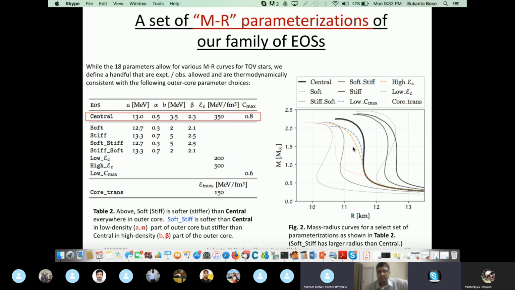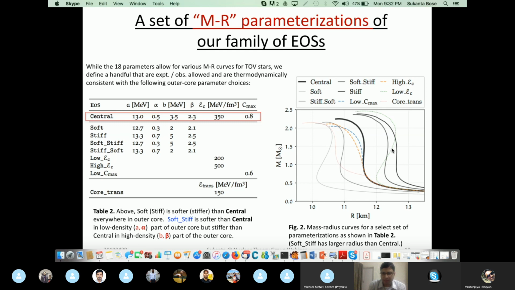Because what I see here, going from soft to very stiff, the mass radius plane changes altogether. If you have a very specific value of mass and radius, then in that mass radius plane you have a very specific region where your equation of state has to go through. Yeah. Let me give you an example. Suppose NICER measures the mass to be 1.4 plus minus 5%.